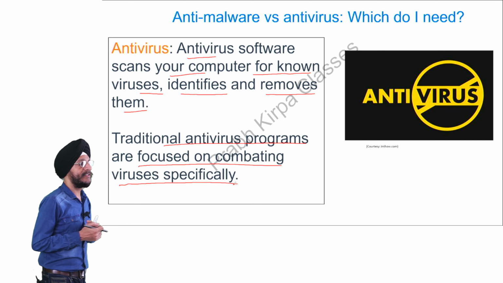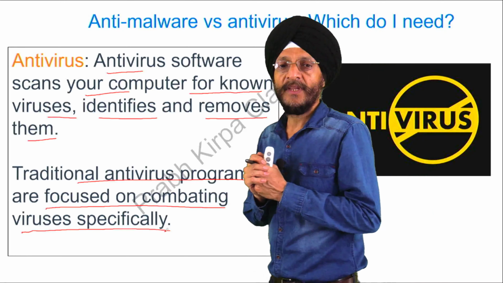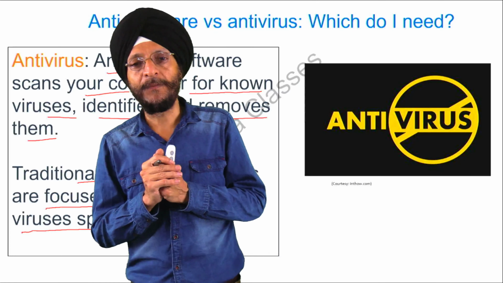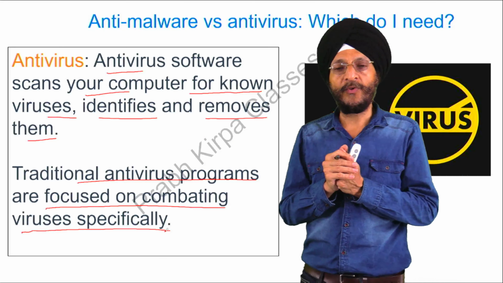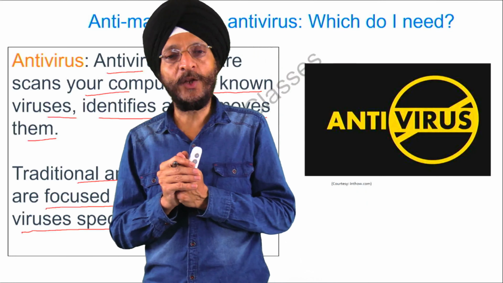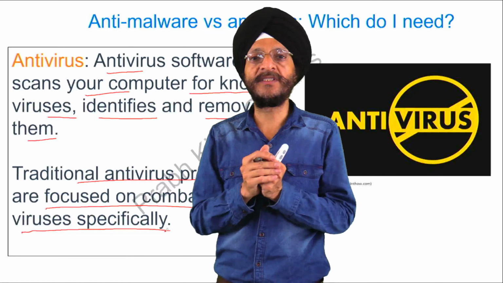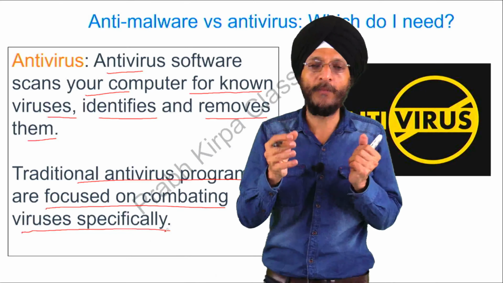Now another question arises, what is then anti-malware? Anti-malware is a software which protects our computer system or mobile devices from malicious softwares including viruses, trojans, ransomware, spyware, adware, bombs, etc. In one of our courses, we had discussed that virus is only one type of malicious software.